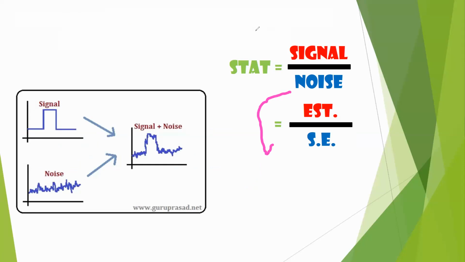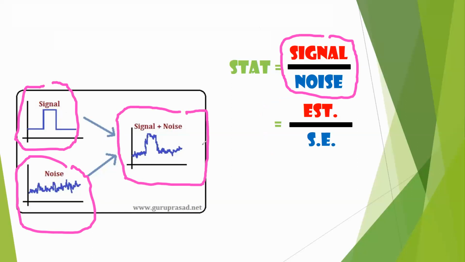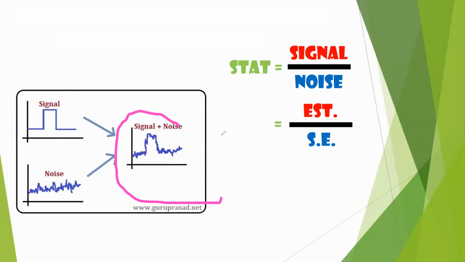Suppose there's a real signal coming from the source, but there's some background noise, so what you receive from the receiver, what you can see on your machine or monitor, will be the combination of these two. You're going to see the noise like this, plus this real signal. Based on this, you need to pick up this signal out of this noise.